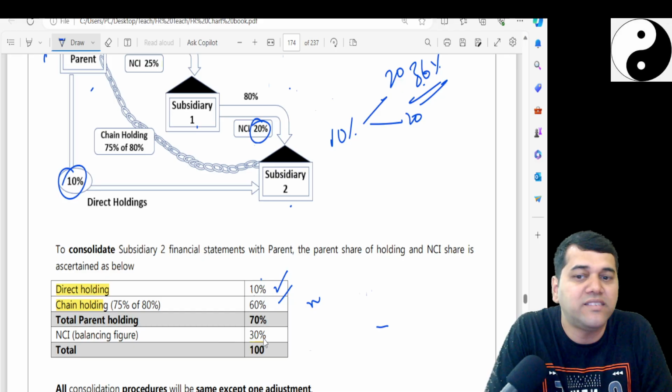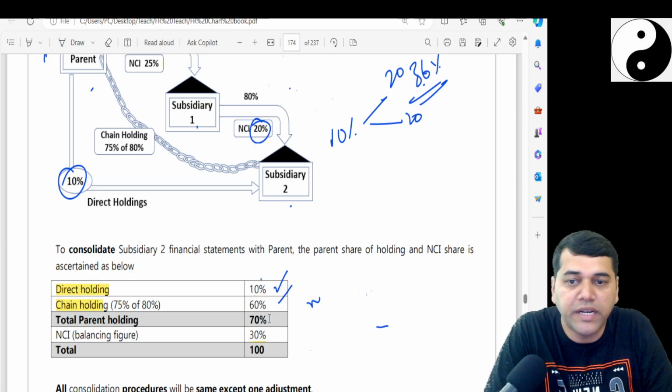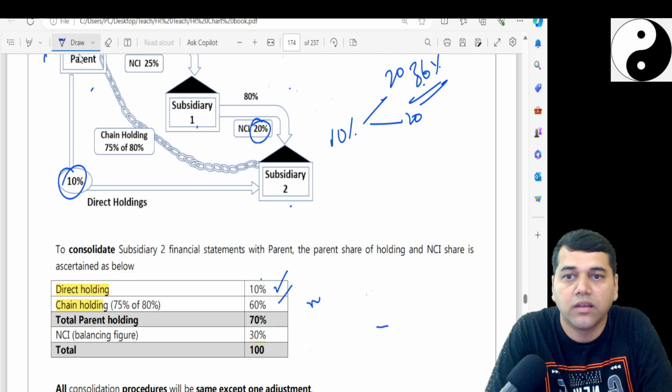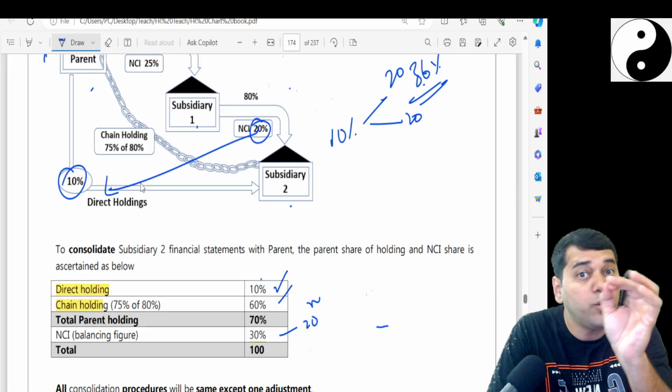So you have got NCI balance 30%. Out of 30%, straight away 20% is coming from this direct NCI only. But in this 20, 10 is you, no? So how much is the pure NCI of S2?